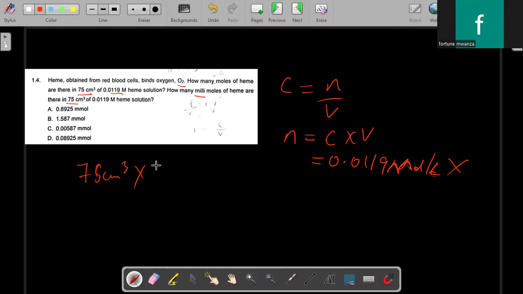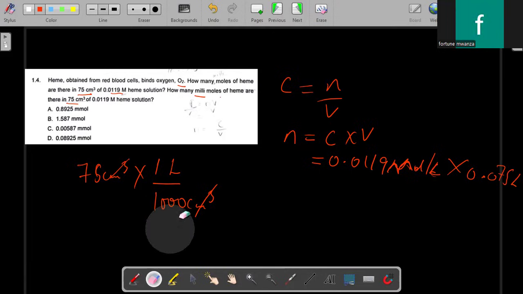I know that my 1 cubic decimeter, which is the same as 1 liter, is equal to 1000 cubic centimeter. So that my cubic centimeter and cubic centimeter there will go, I'll remain with the liters. So I simply divide my 75 by 1000 for me to get my volume in liters, which is 0.075 liters. So this is my volume in liters.